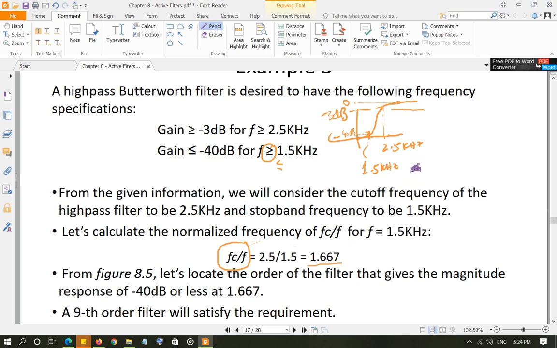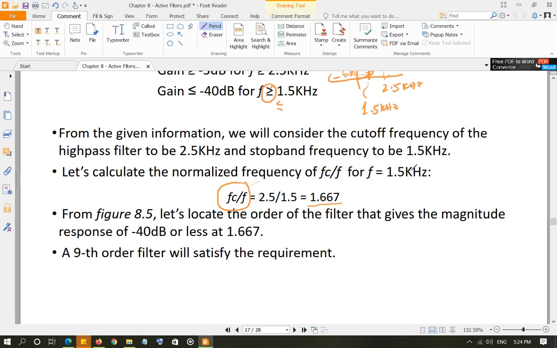Again, you go to figure 8.5 and go along 1.667 vertically, and whichever curve from the top, the first one, satisfies the requirement of negative 40 decibels, you're going to choose that as the order of the filter. So negative 40 decibel or less, remember, at 1.667.